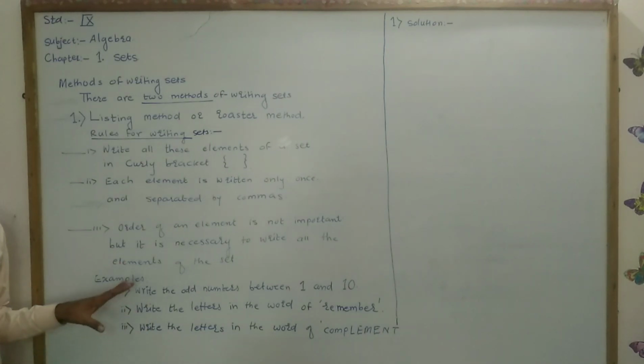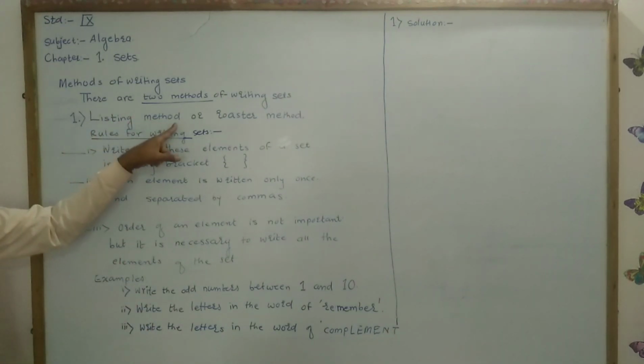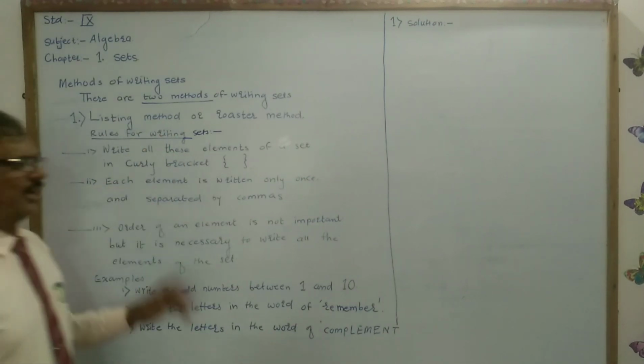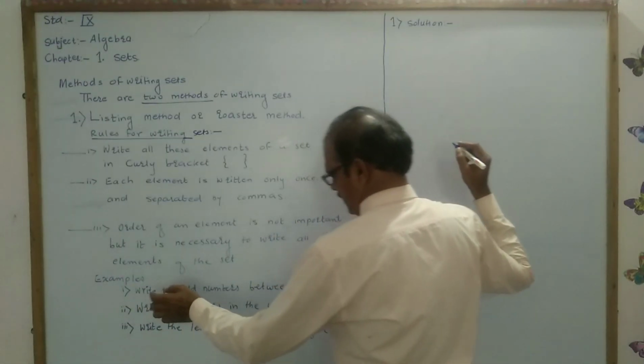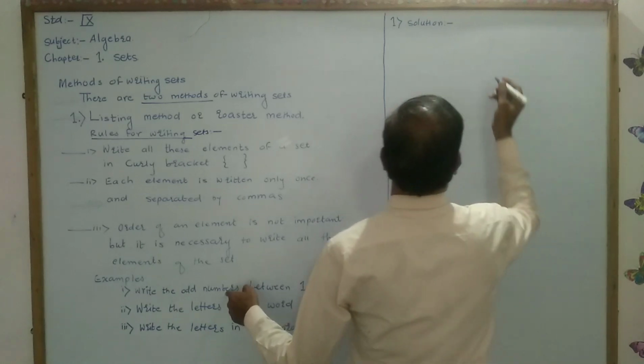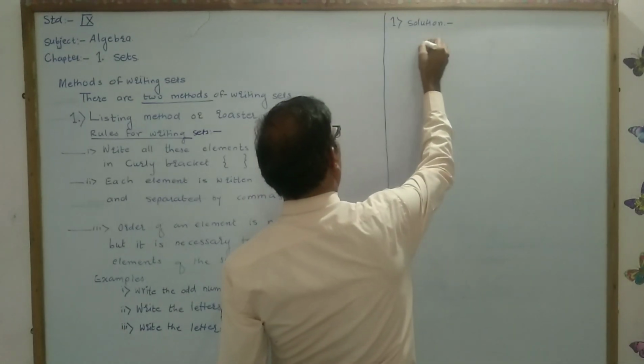Here are some examples related to the listing method. Let us see. First, write the odd numbers.